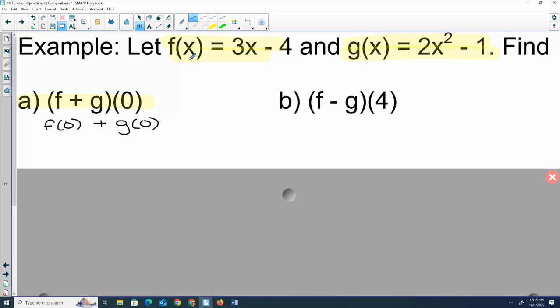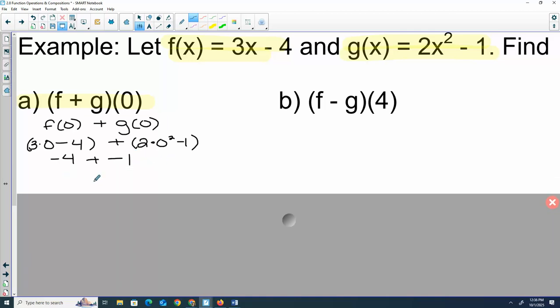If I put 0 into f, remember that's just replacing your x, so 3 times 0 minus 4, which gives me negative 4. If I put 0 into g, 2 times 0 squared minus 1, so negative 4 plus negative 1. It's negative 5.